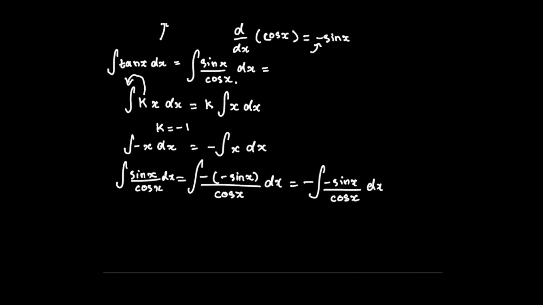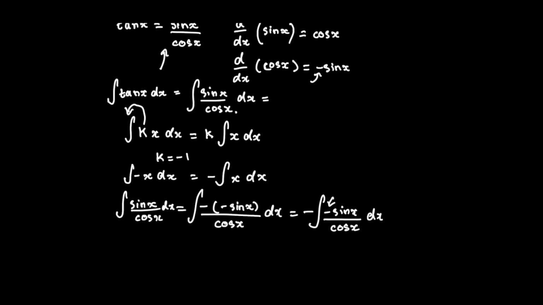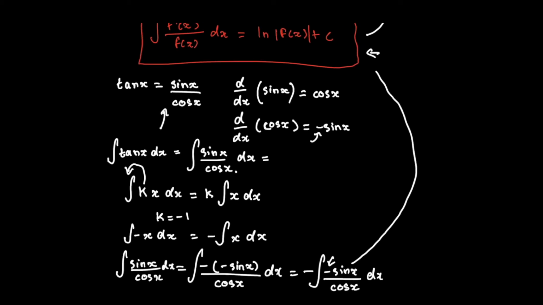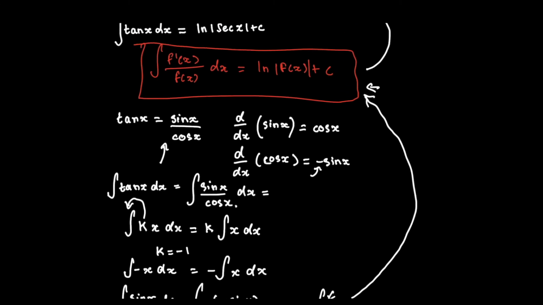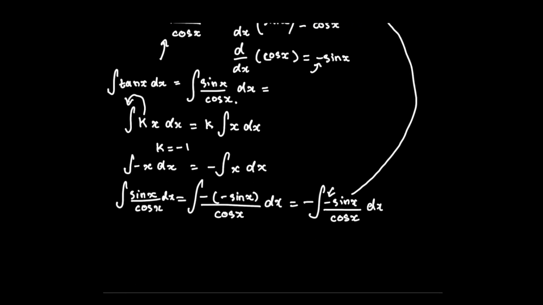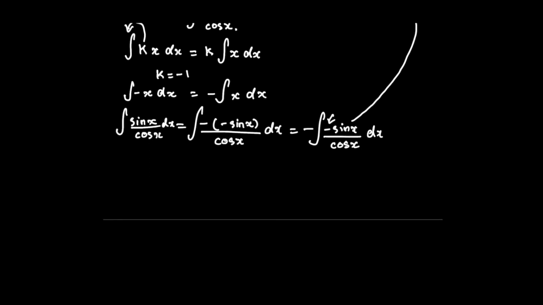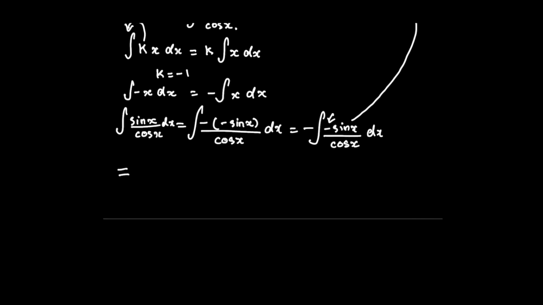As you can see, the negative sign is here, which means this satisfies this formula whereby the numerator is a derivative of the denominator. The derivative of cos x is negative sine x, and we have that in the numerator. So now we can simply write the solution as the negative natural logarithm of cos x plus c.